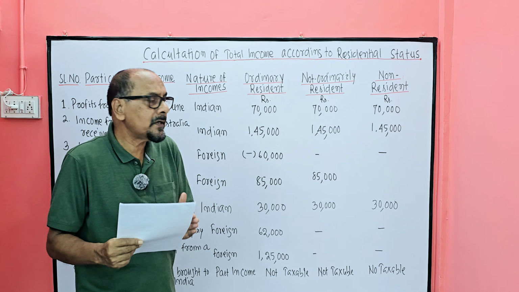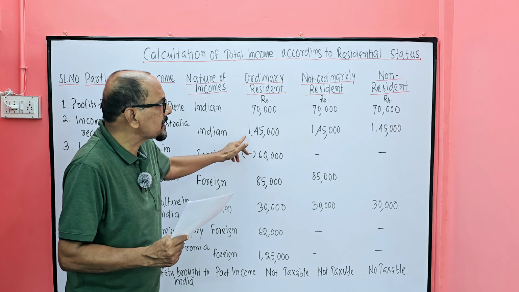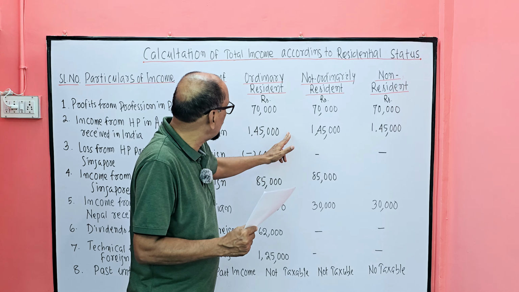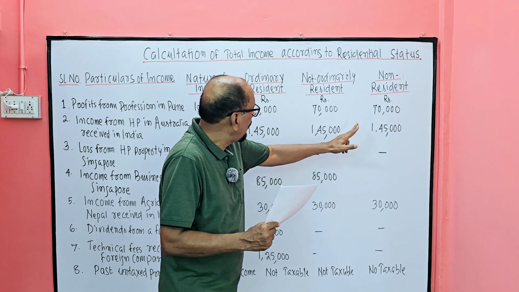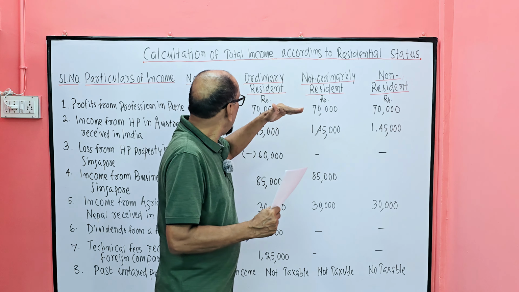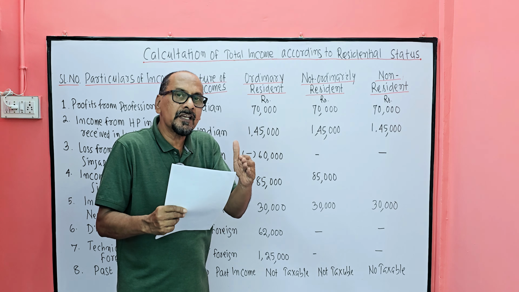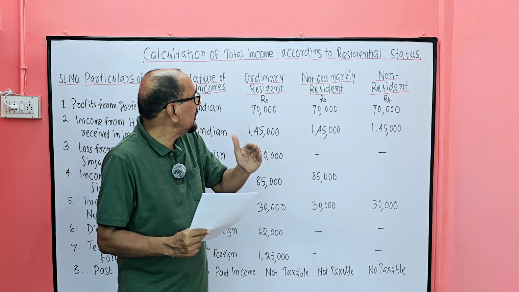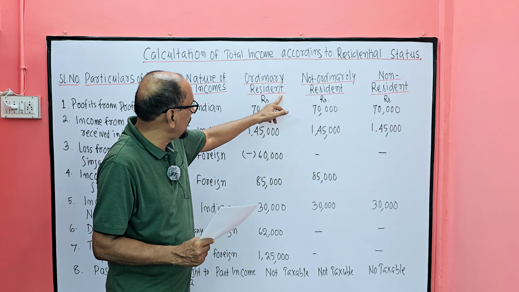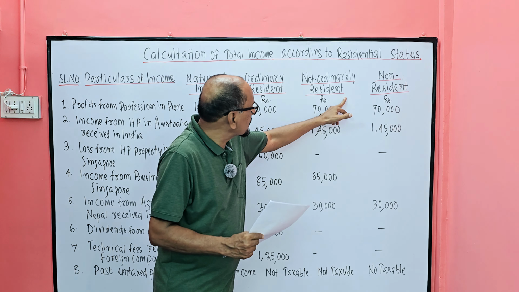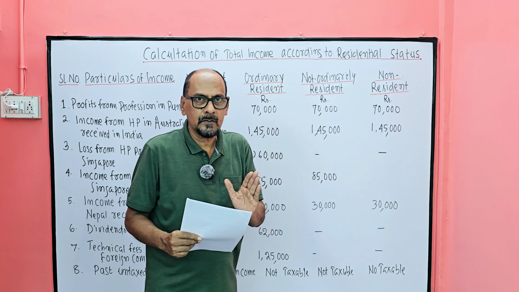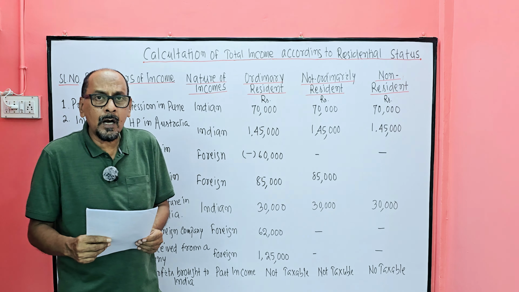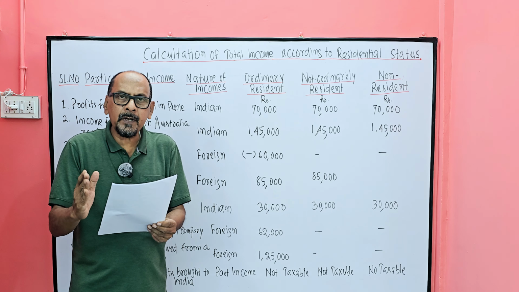So 1,45,000 is taxable in all three cases. I mean, it is taxable in case of an ordinary resident, not ordinarily resident, and non-resident, because it is an Indian income.